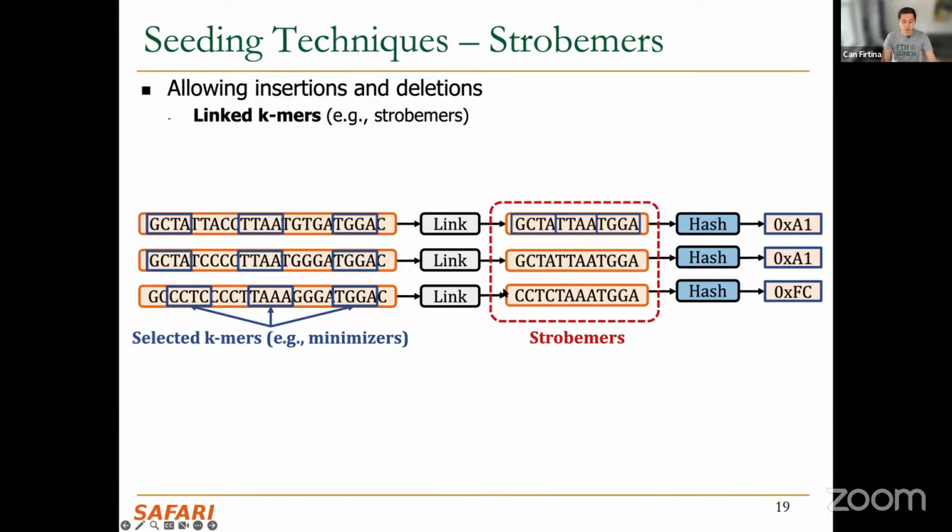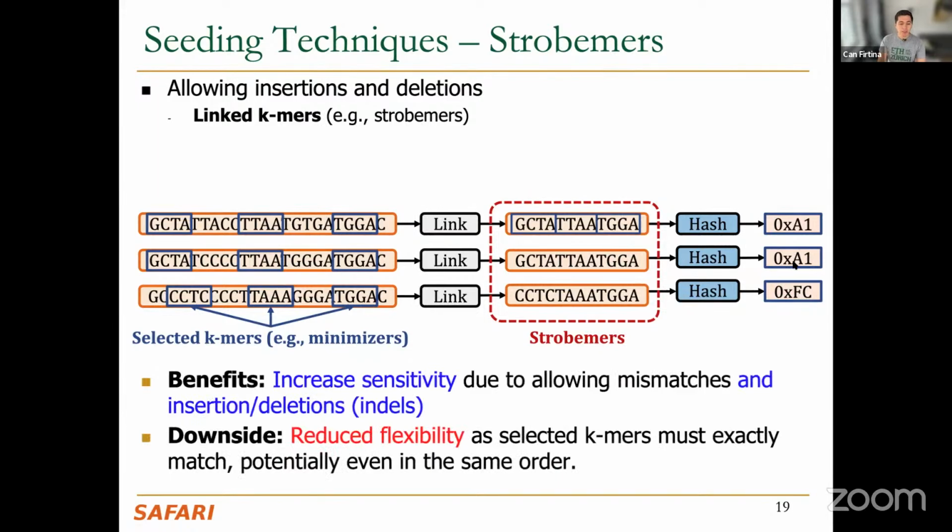And this provides certain benefits, especially since we can apply not only the minimizer technique here, but maybe some other random techniques that may define which characters to link, such that once linked, two similar sequences will have the same strobemer sequence, and eventually the same hash value. So this is another seeding technique. And the benefit is, again, the increased sensitivity because it tolerates insertions and deletions.